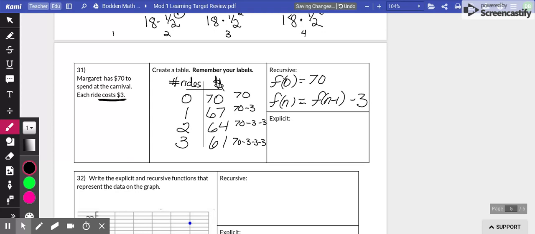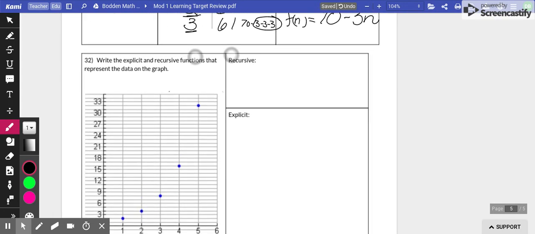And what I notice here for my function is I always start with 70, and I'm always repeatedly subtracting 3. But how many times? And for this example, because we started at 0, we are subtracting 3 the same amount as what the term is. So this would just be n. It would not be n minus 1.